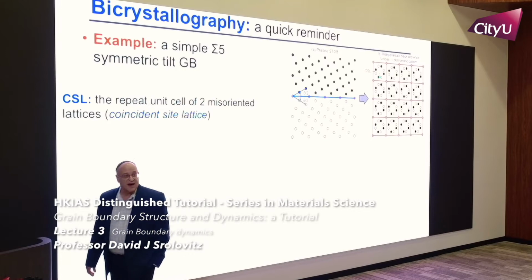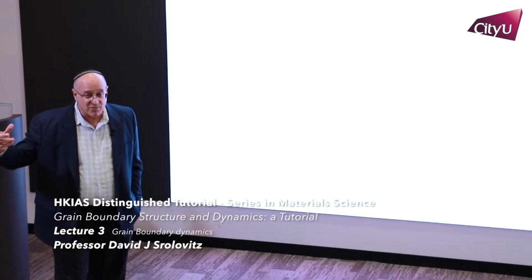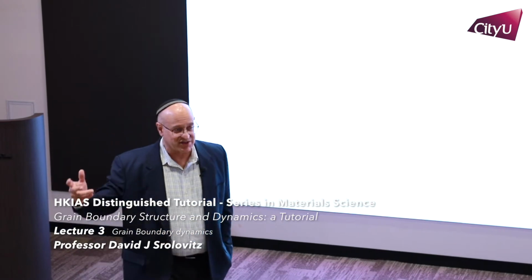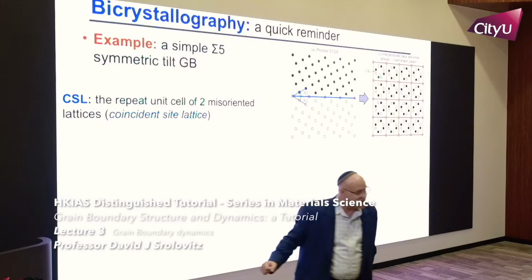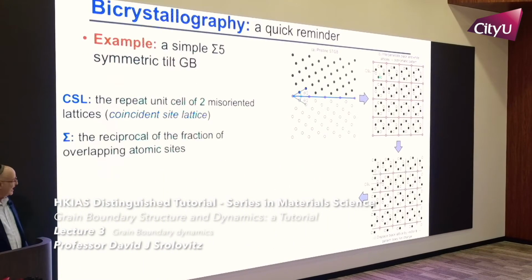And that periodic lattice there is the lattice that's appropriate for talking about a bicrystal. So we call that the coincident site lattice. We spoke about that last time, so I just remind you of what it looks like.